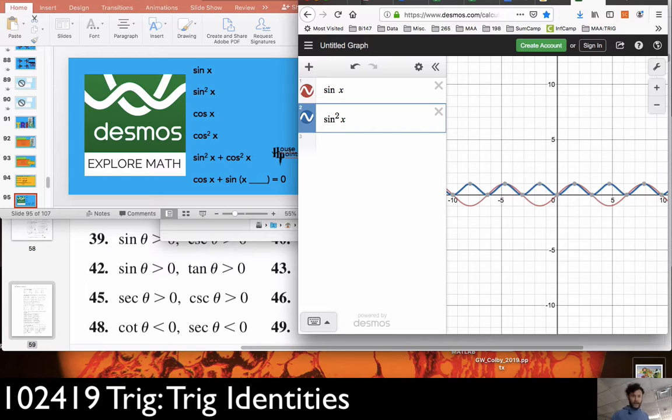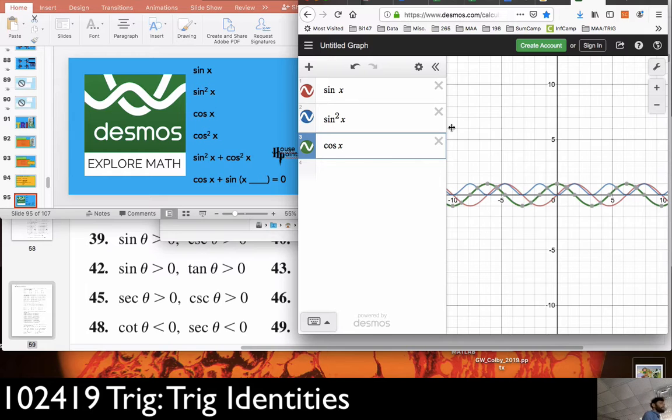Okay, so the next thing we're going to do, let's click onto 3 and do cosine of x. All right. And if it's getting too crazy for your eyes, you can just X out the sine squared if you wish, or you can leave it.